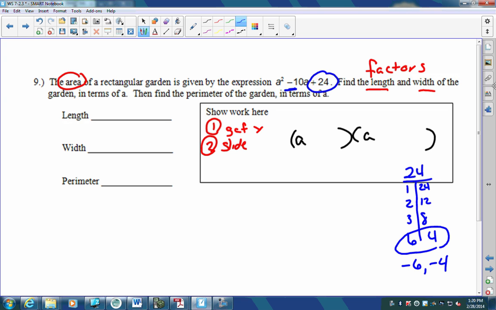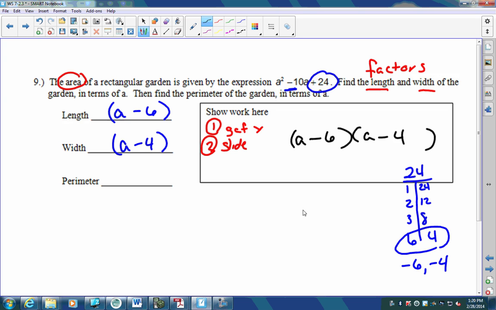Negative 6 and negative 4, yep. So I have minus 6 and minus 4. Do I have to divide? No, because I didn't slide. So now the question is, which one is my length and which is my width? Length is A. It don't matter. You could have it as this, or you could switch it around. You could have A minus 4 up there for the length.